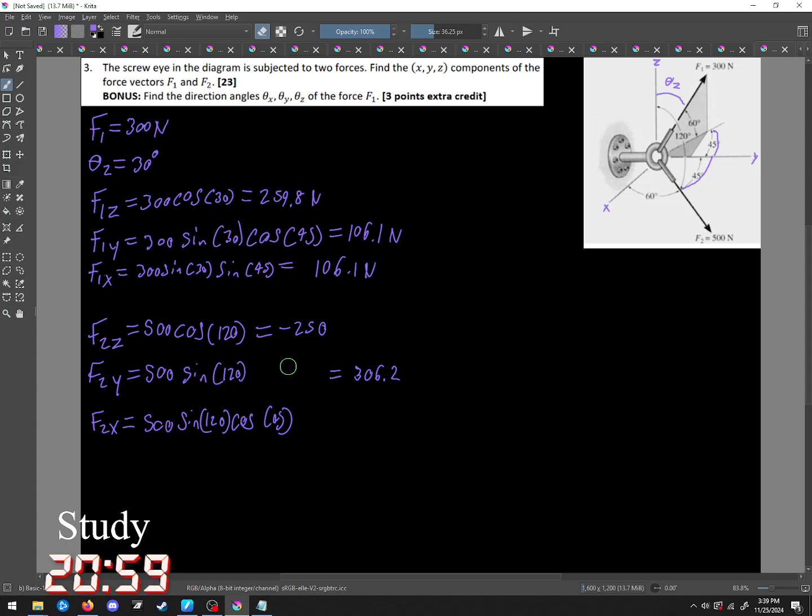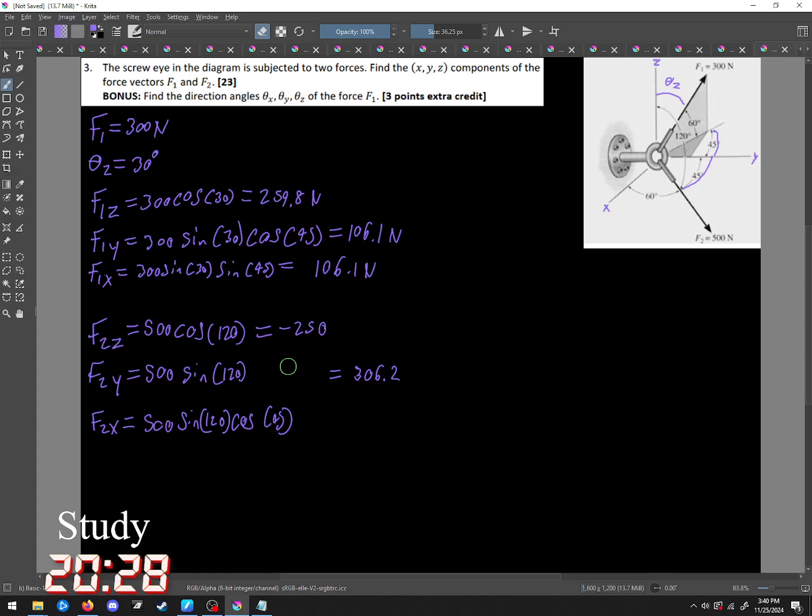So taking it from the top one, that one should be for Fy. Our Fy is Fz. So that's fine. And then x is where z is.